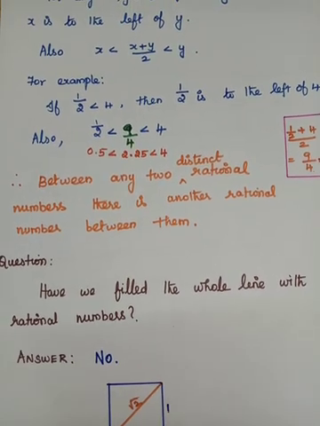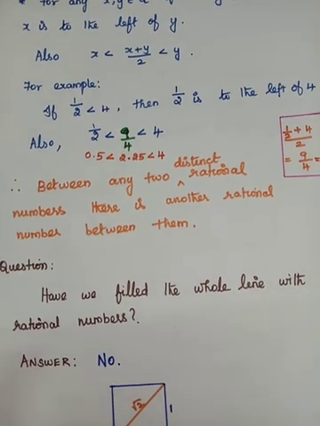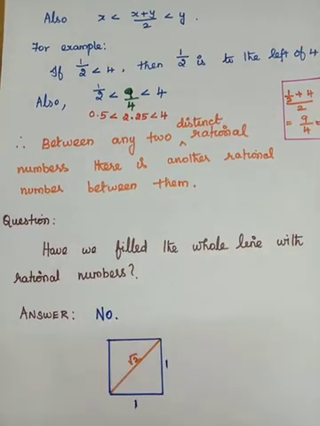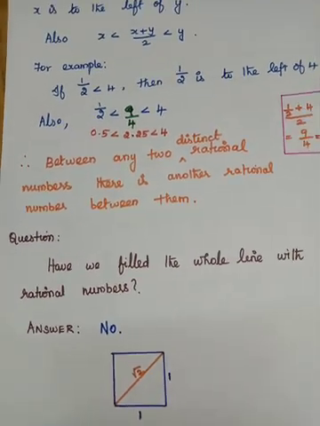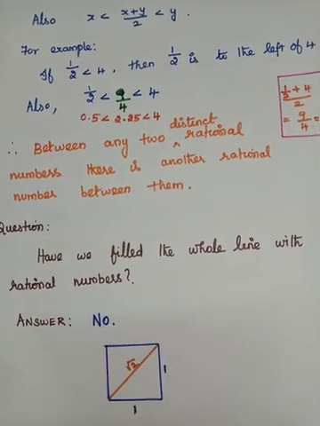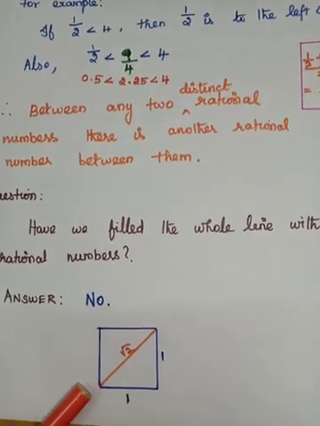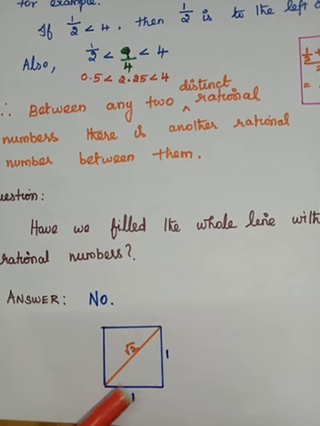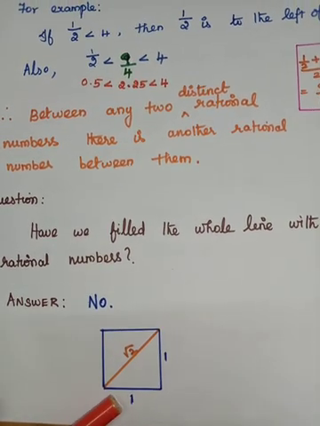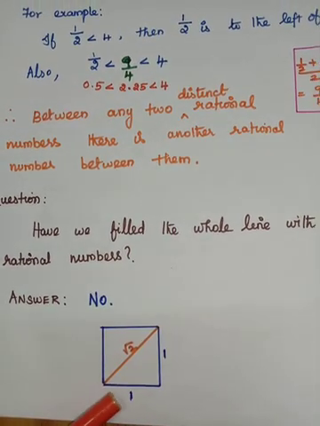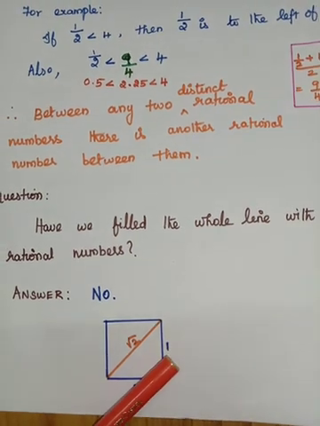So here we are going to ask one question. Have we filled the whole number line only with rational numbers? The answer is no. You see, for example, for that I'll consider a square of length 1. So the side of the square is 1, here also 1.